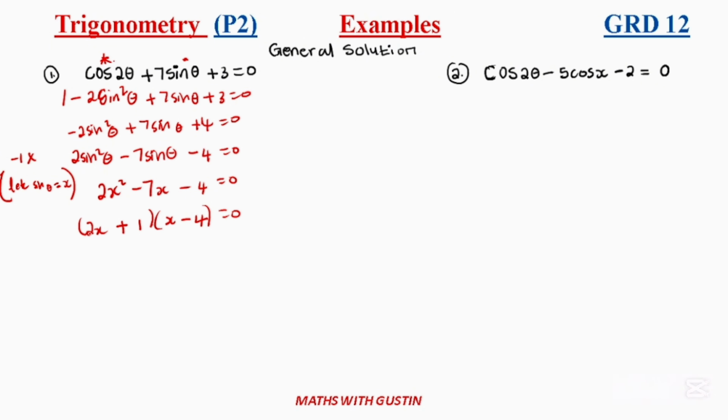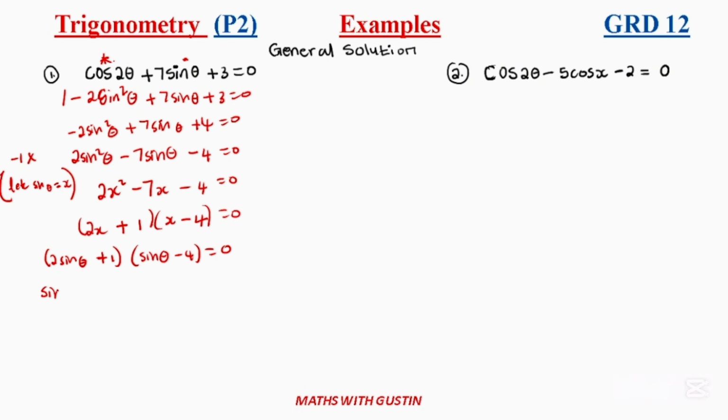So now you can see, here it is. Now you can come here and say put back sine. Therefore you would see that now you're gonna have 2 sine theta plus 1 as our factors here, and sine theta minus 4 is equal to 0. Therefore you can solve.